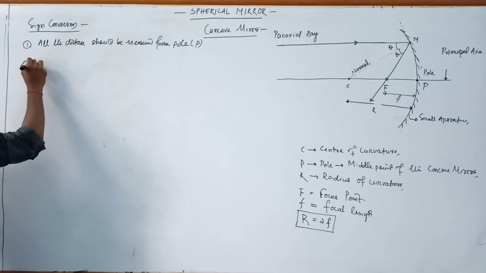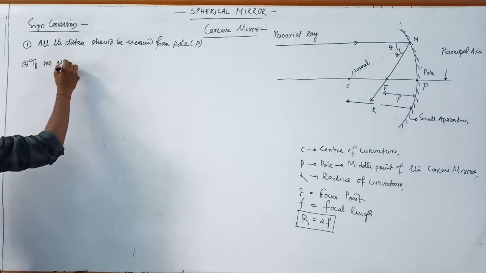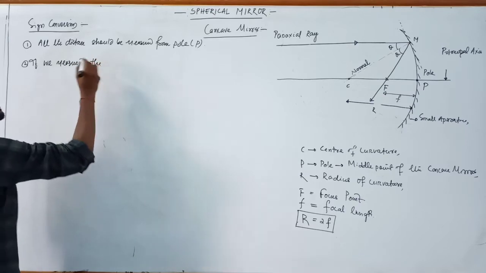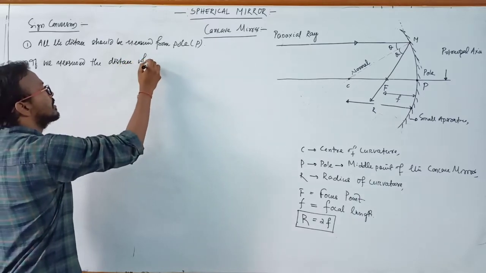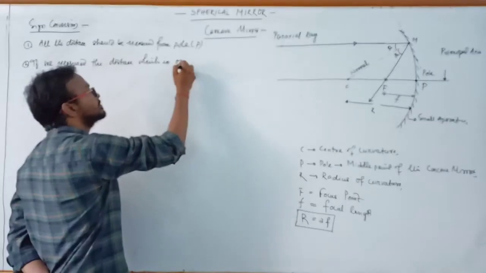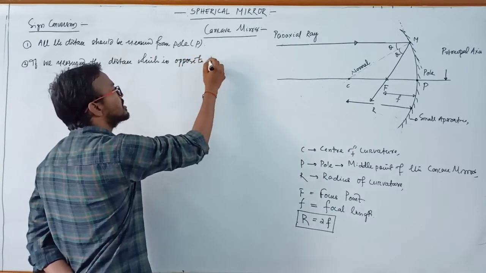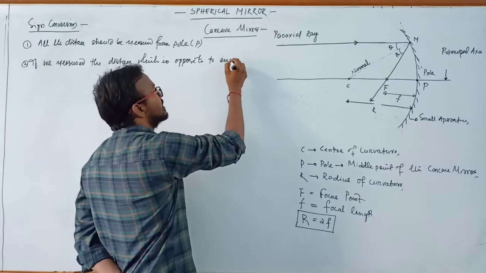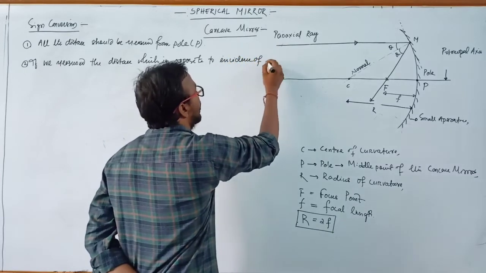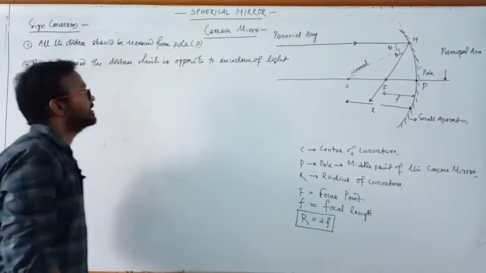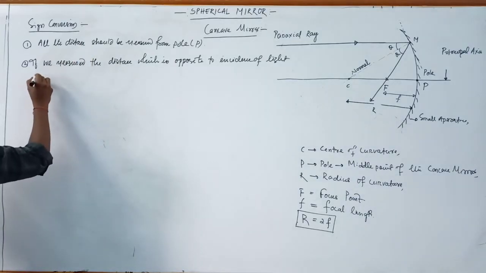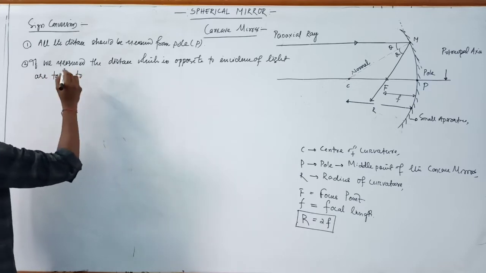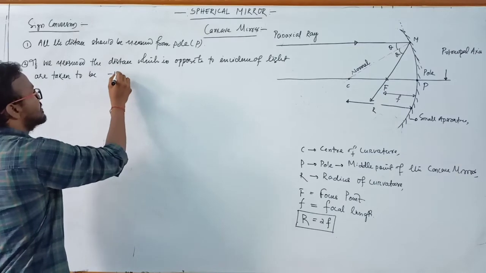Second point: if we measure a distance which is opposite to the incidence of light, it is taken to be negative.